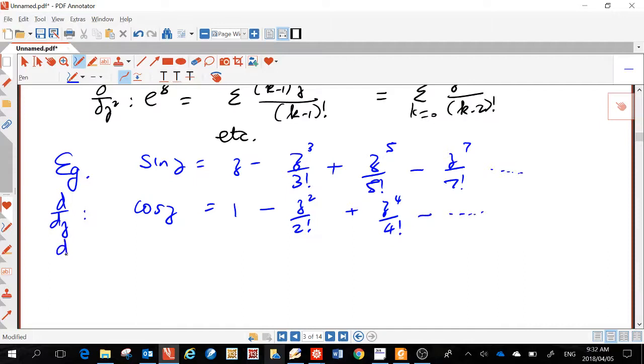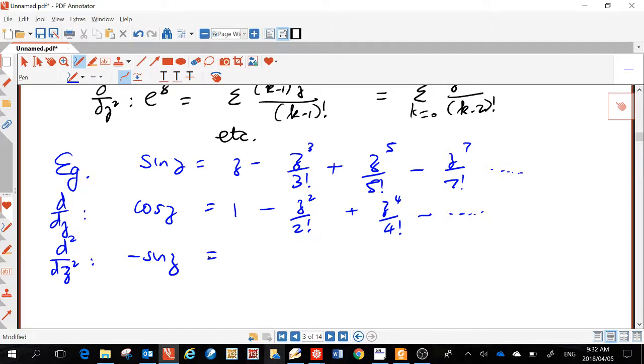If I differentiate it one more time, d squared dz squared, the derivative of cos z is minus sine z. I wonder if it'll come back to the original one. Well, the negative of it.